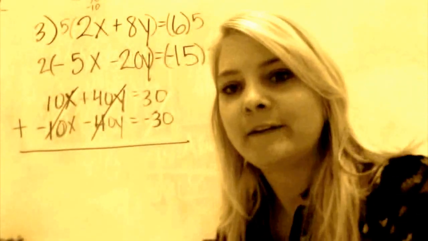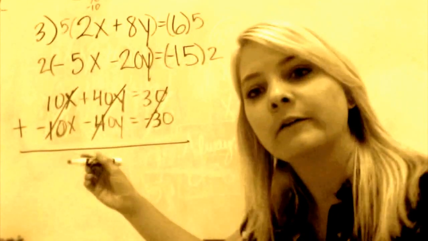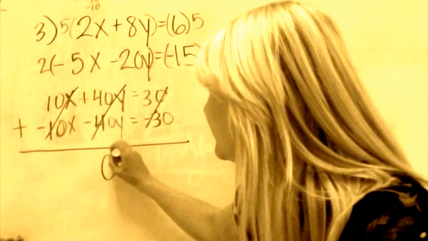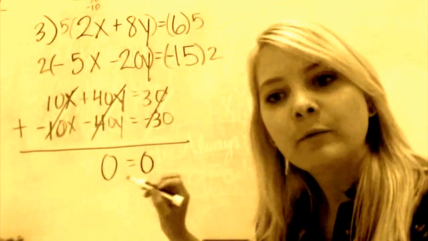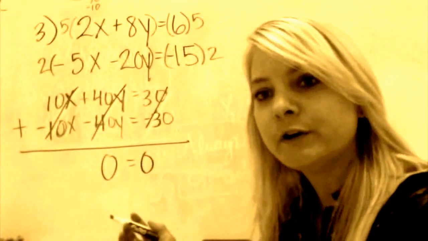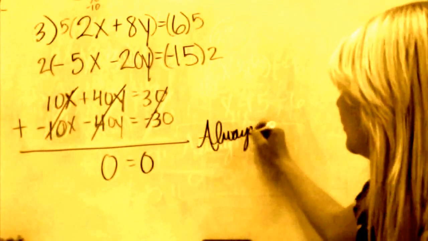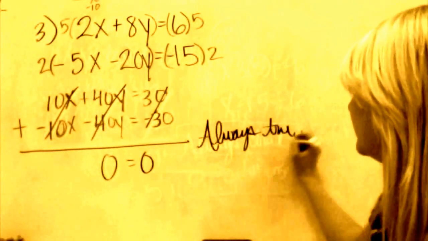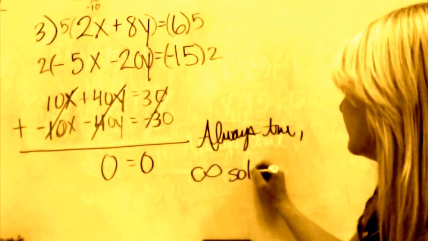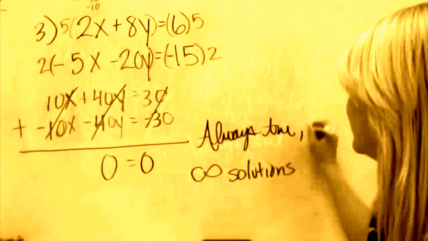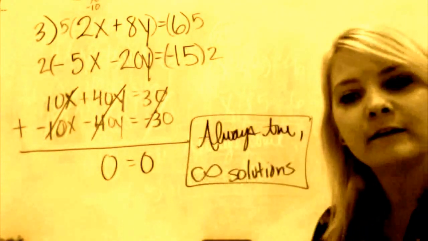And then 30 plus negative 30, which is 0 as well. So we're left with 0 equals 0. Now we have to think about how often that's true, and that's always true. So since it's always true, we have infinitely many solutions. And that is our answer.